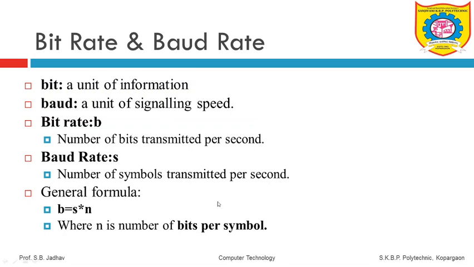So we can have the relation such that bit rate equals baud rate times n, where n is the number of bits per symbol. Hence we can have the number of bits that can be represented per symbol.